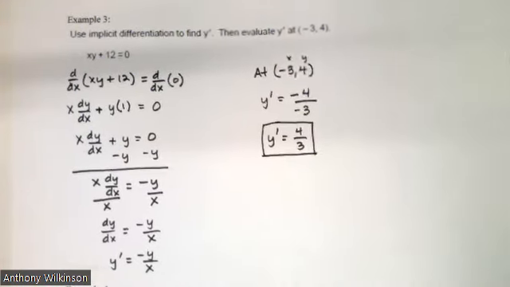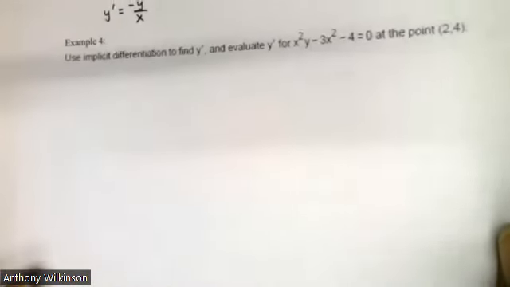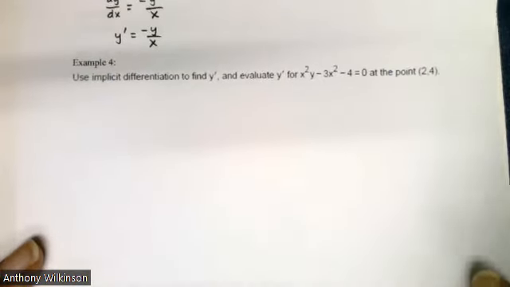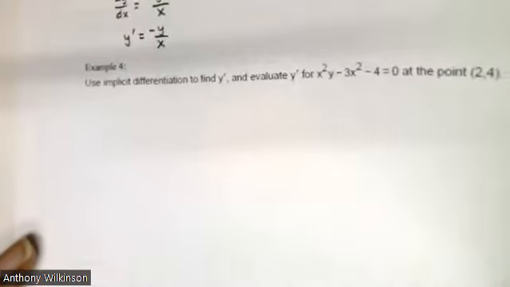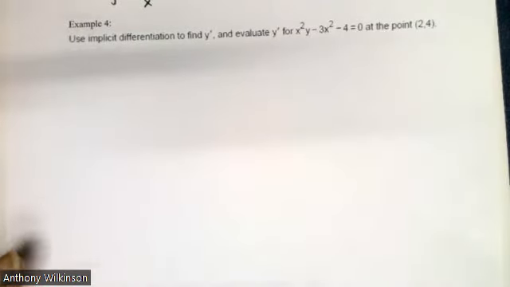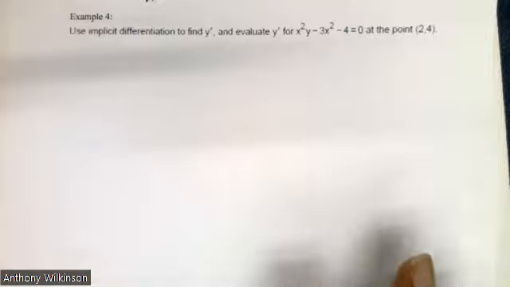Okay. All right, let's look at this next example. Here we're going to use implicit differentiation to find y prime and evaluate y prime for the equation x squared y minus 3x squared minus 4 equals 0 at the point (2, 4).